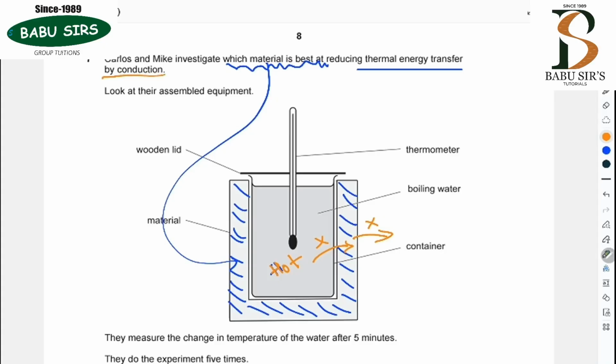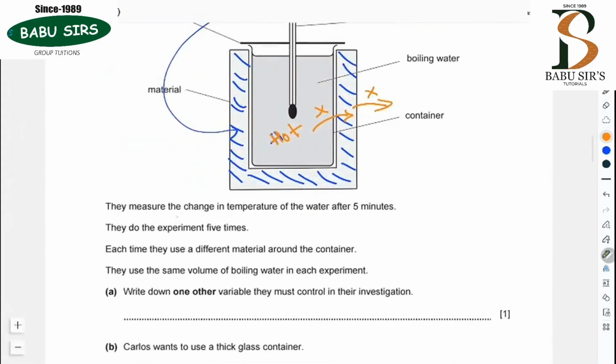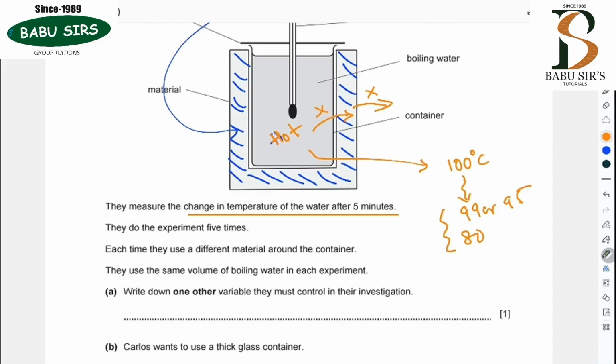Conduction is transfer from one material to another. What they are doing is measuring the change of temperature after 5 minutes. Suppose the hot water is around 100 degrees, then after 5 minutes they measure how much it is. It might be 99, or 95, or 80, whatever it is. They are doing this experiment 5 times using different materials.